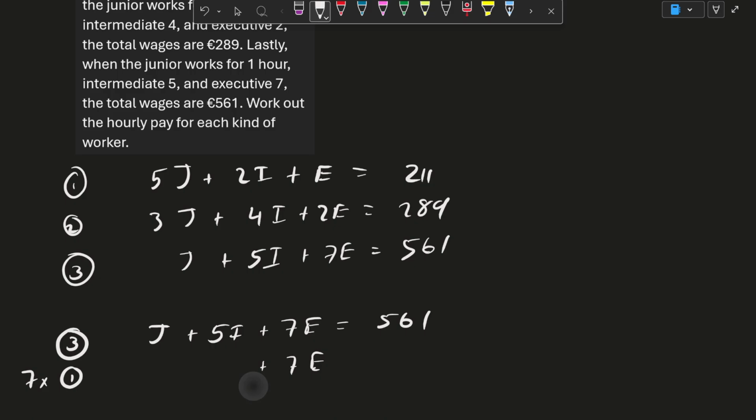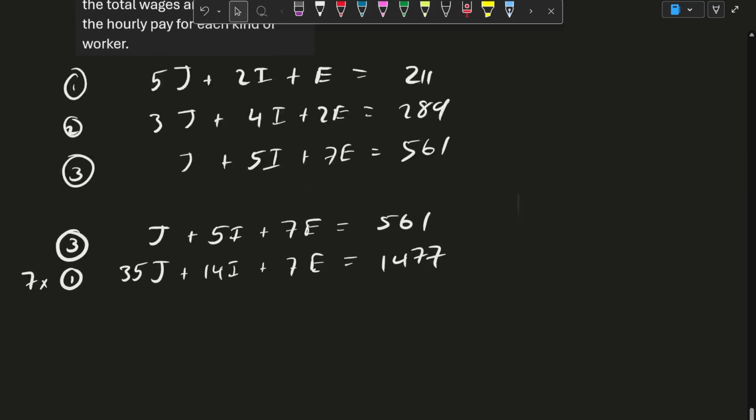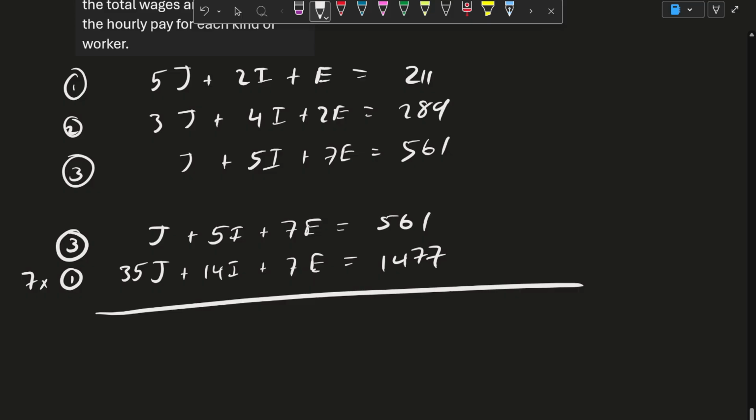So 5J times 7 will give us 35J. And 2I times 7 is going to be 14I. And that's equal to 211 times 7, which is 1,477. Because the 7Es have the same sign, we're going to subtract.